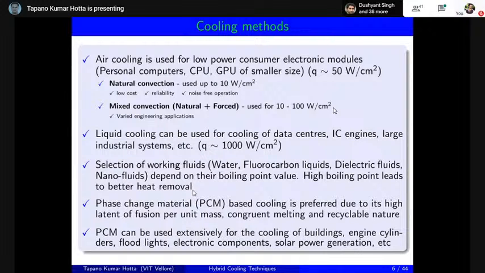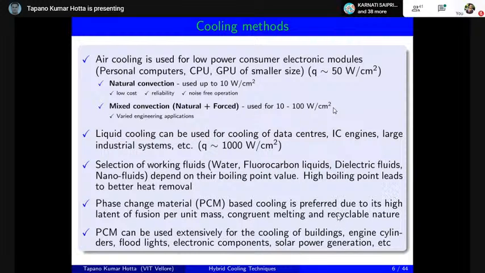But because of the difficulties in handling liquid water, you can also think about phase change material, which is extremely common nowadays. Two important merits of a PCM are that it has a high latent heat of fusion, so it can store a huge amount of heat, and there is also uniform melting. This helps us reduce the temperature effectively.